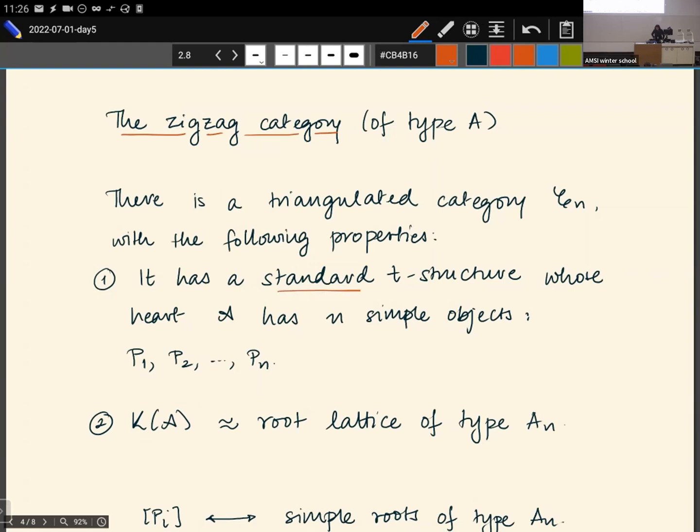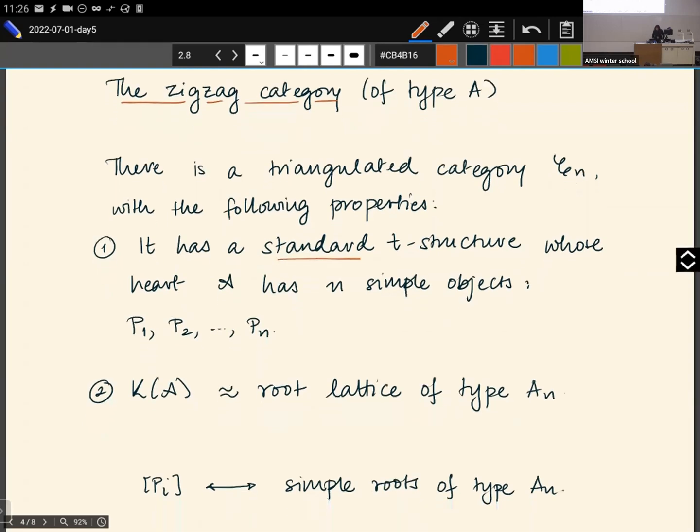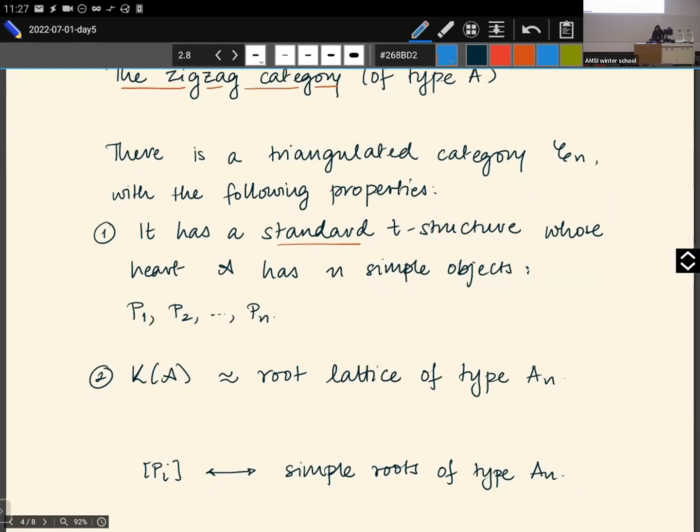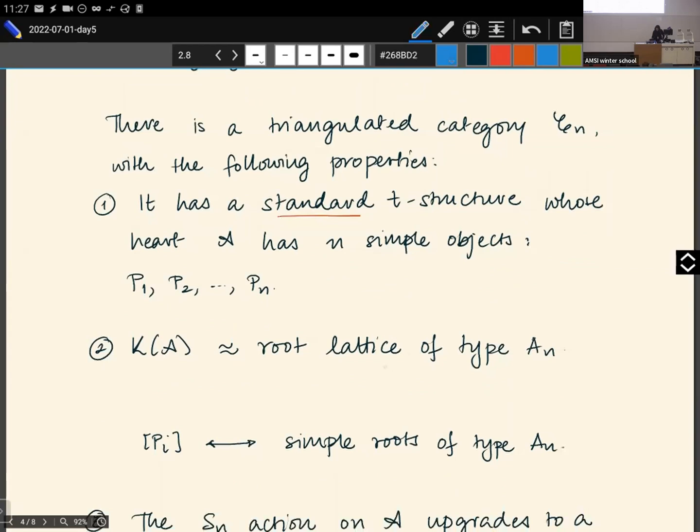And in fact, the Grothendieck group of this heart is isomorphic to the root lattice of type A_n. Okay, so what does this mean? It means not only is there a bijection, but here we've seen in earlier talks, of course, that there's an action here of S_n, or is it S_{n+1}? Always get this wrong. S_{n+1}.